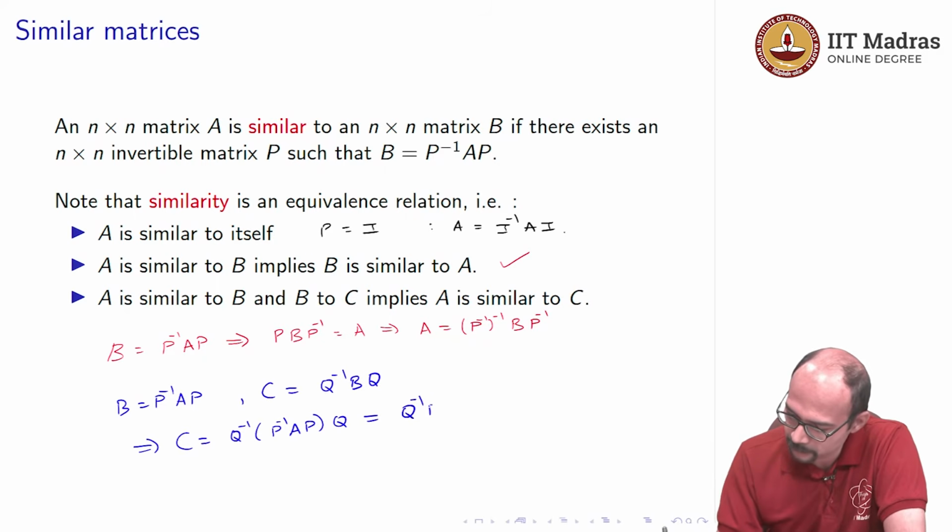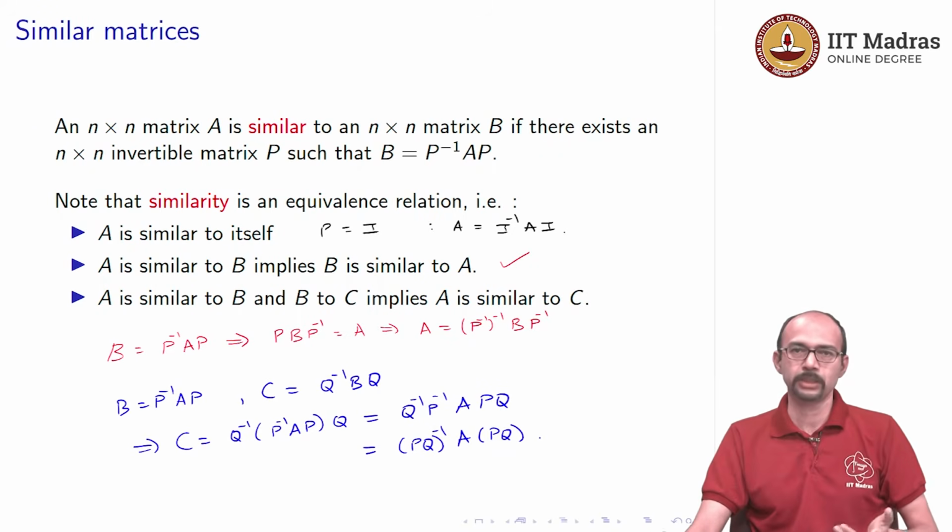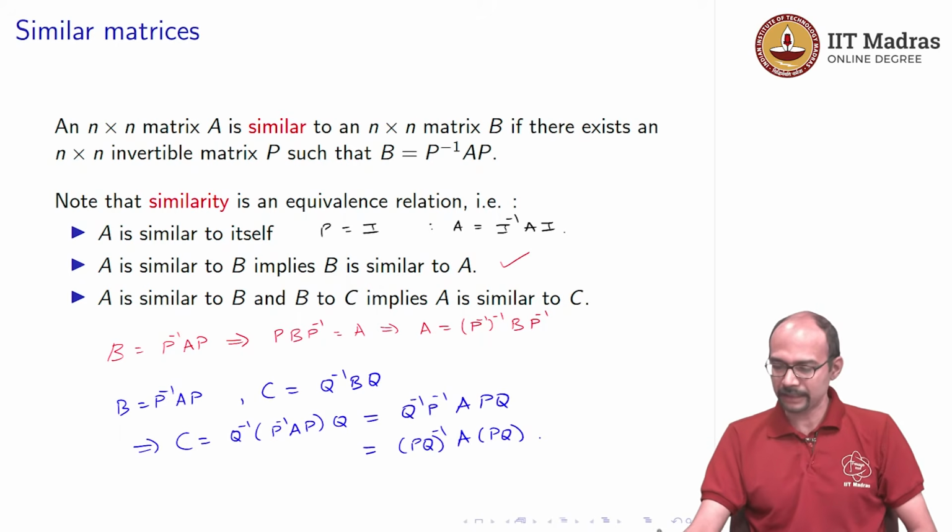Then you get Q inverse P inverse times A times P Q, but remember Q inverse P inverse is exactly P Q inverse. Okay. And now, if I call P times Q as something else, let us say P prime, then this is saying that C is equal to P prime inverse times A times P prime, which says that A is similar to C.